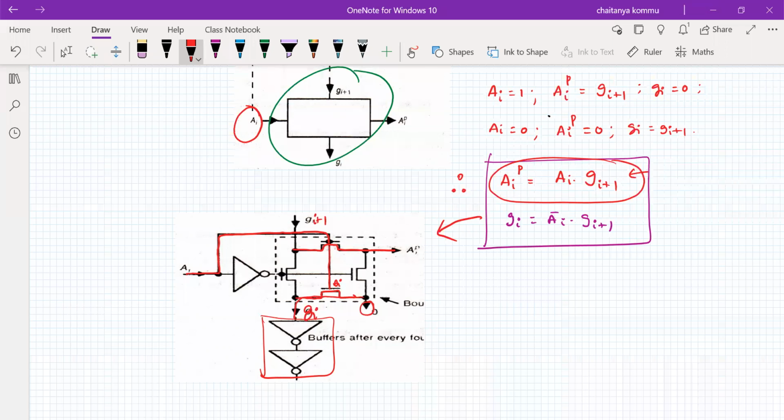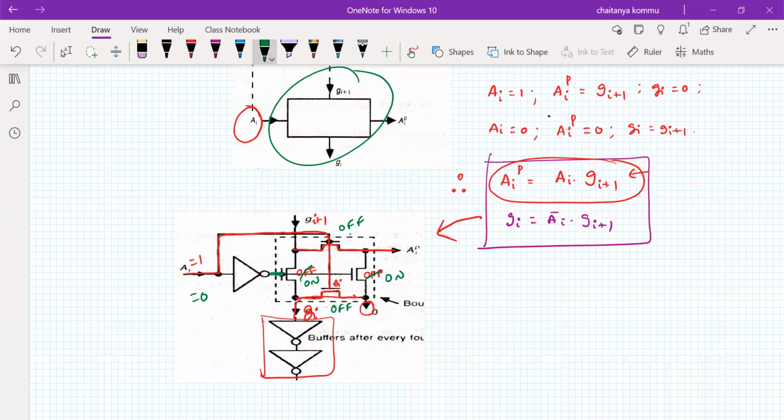If A is equal to 0, then what will happen? That means the input is available here. 0 means this is off. So meanwhile, what about the conditions of this one? It is off. It is off. Please remember that was the first case, A is equal to 1. Now if A is equal to 0, then this transistor becomes on, this is on, this is on, this is off, this is off.